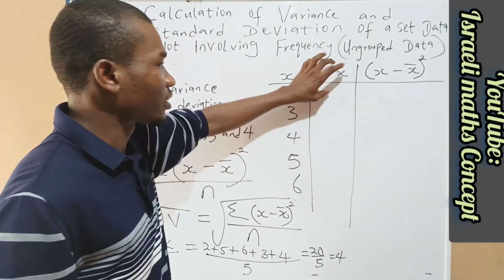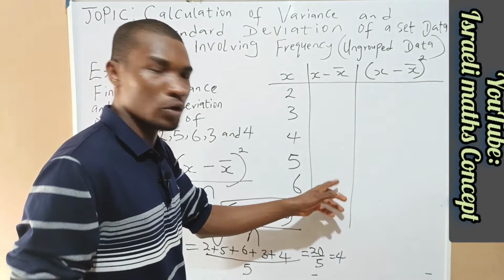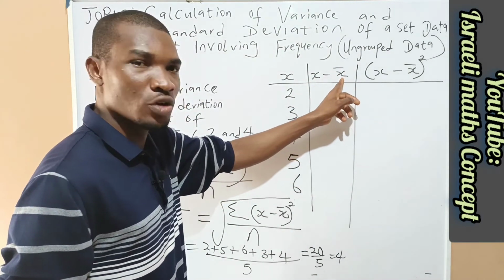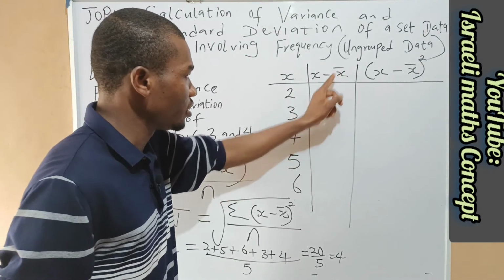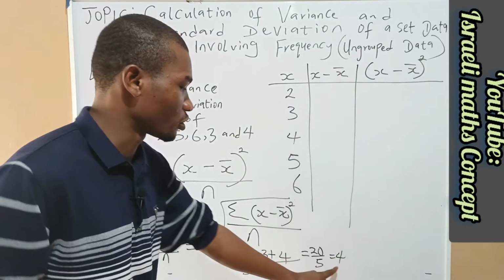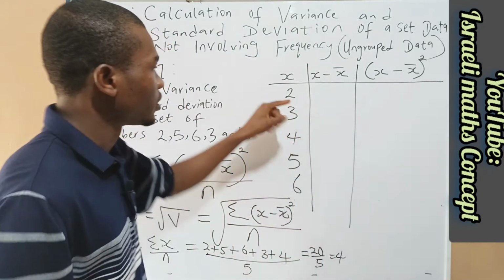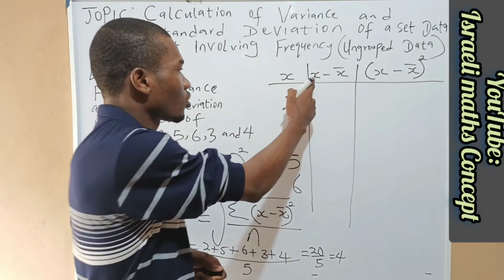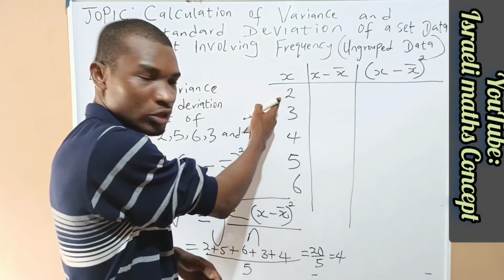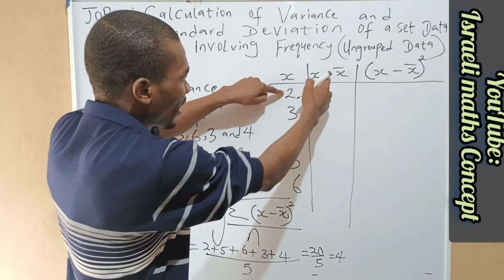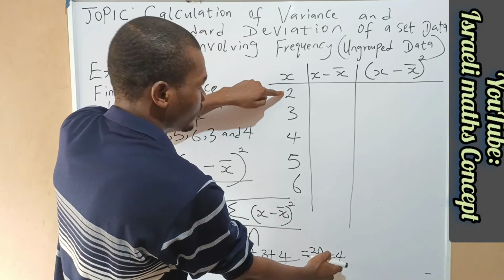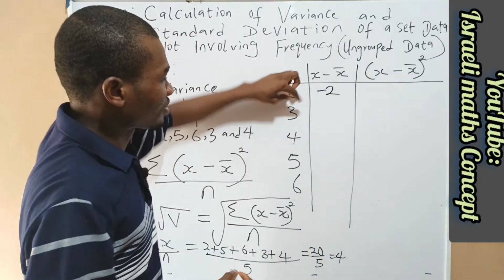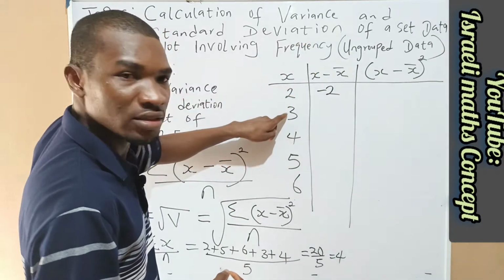So back to our table here. The second column says x minus bar x. So we shall be subtracting the mean, which is bar x, which we've gotten before, from this given set of scores here. So the first score, which is our x, is 2. So I will now say 2 minus this 4. And 2 minus 4 will give us minus 2. Then the second x is 3.